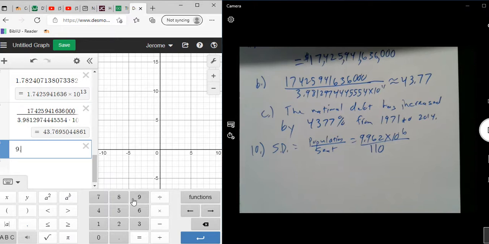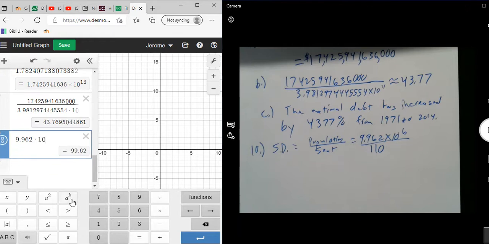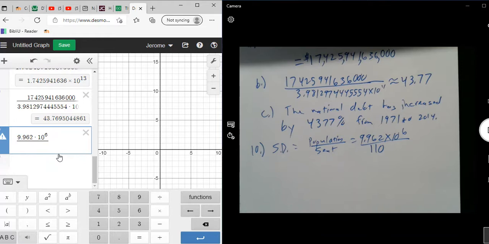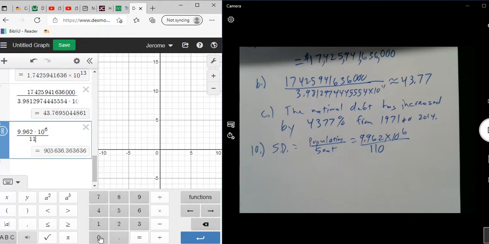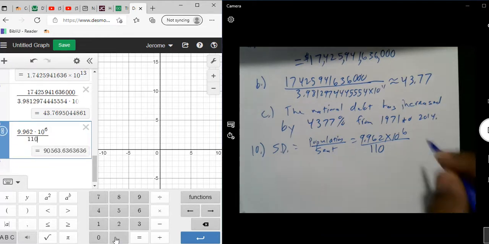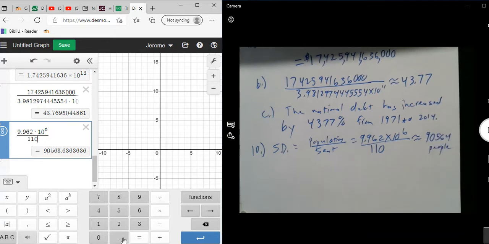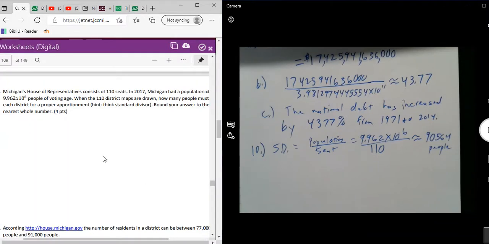So we add 9.962 times 10 to the 6th power, divided by 110. So we would need approximately 90,564 people. That's how many it is per seat. And it said round to the nearest whole number.